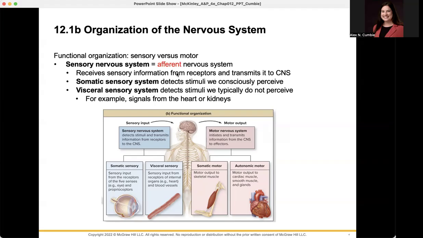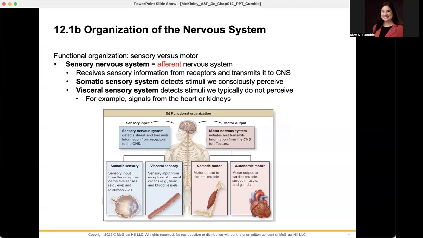The sensory nervous system is also termed the afferent nervous system, afferent with an A, and this term afferent means that it's bringing something towards or back towards. Meaning that the sensory nervous system is going to receive sensory information from the receptors and bring it back towards the CNS.